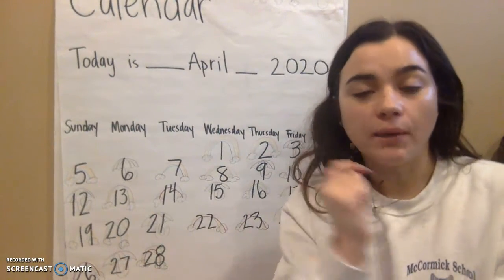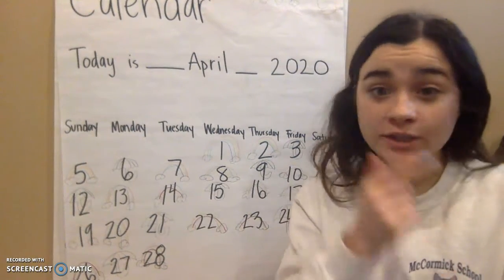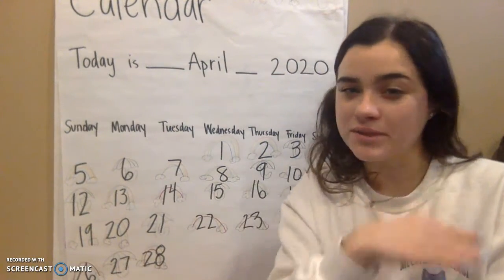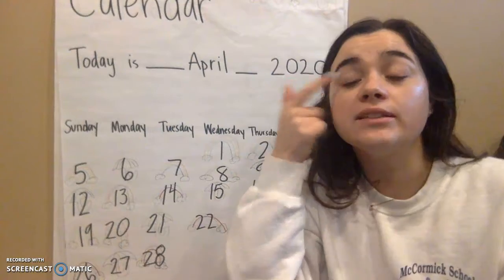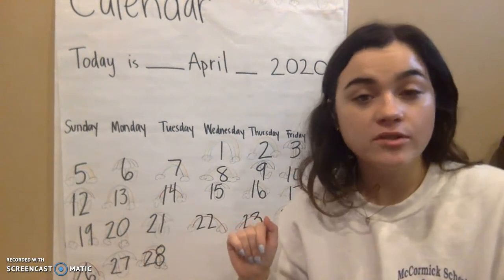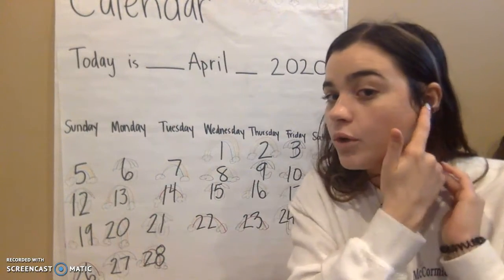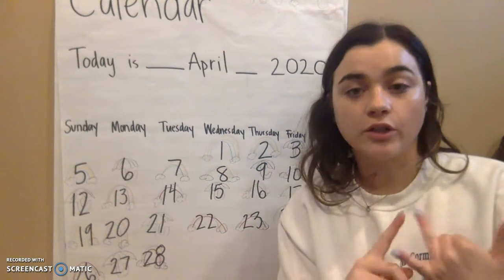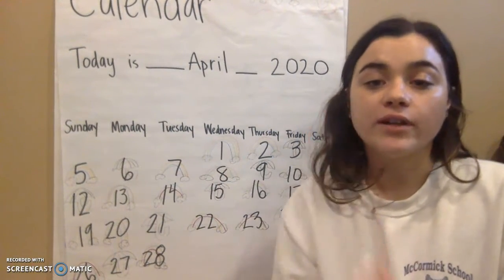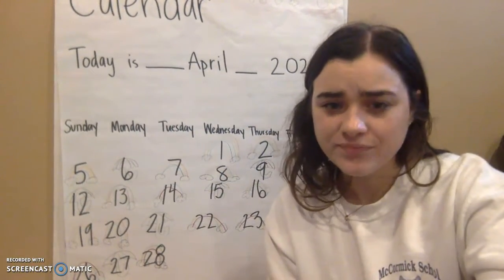When we smell something, does it smell like cookies? Does it smell good? Or does it smell like the garbage outside? When we see something, we see colors, we see animals. And listening, what do we hear outside? Do we hear cars? Do we hear birds chirping? Those are all of our 5 senses.